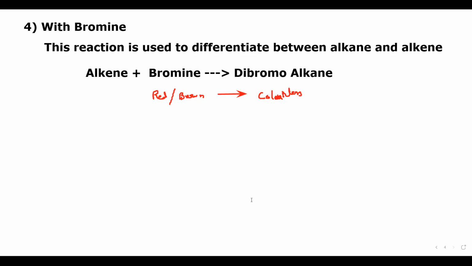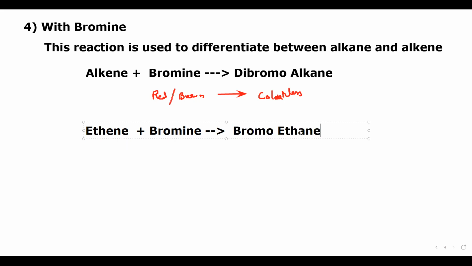But how do we complete a product for this reaction? For example, if we have ethene plus bromine, the result will be dibromoethane. The difference here is that because bromine is Br2, 2 bromine will be there, that's why the term di means 2.